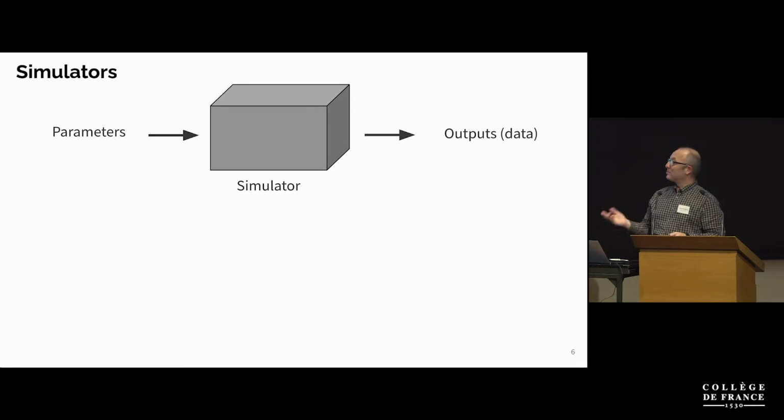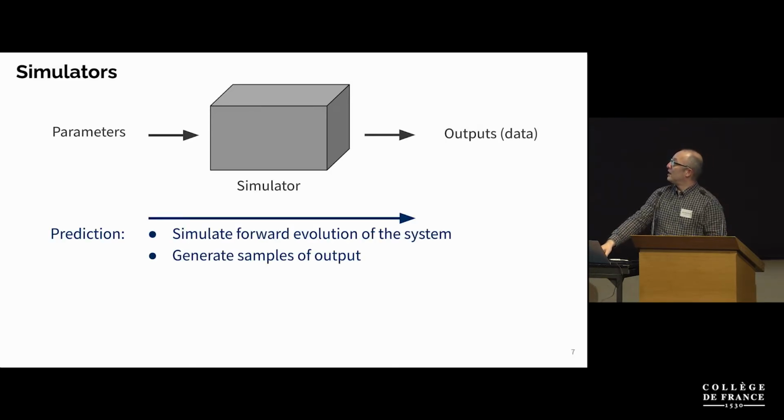Yeah, so to introduce what type of thing I'm talking about, think about the simulator as a black box that does something for you. It takes some parameters, it does some sort of physical simulation in many cases, and it produces some output. And so you can run this forward, and that gives you simulated data, obviously.